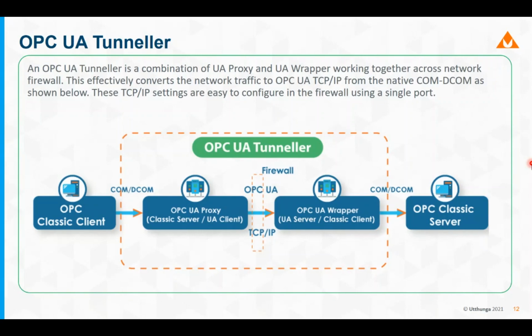A DMZ is a similar concept in the network security world, where the IT guys differentiate two networks by adding two firewalls at their ends. Imagine there is an OD domain, the office domain, which is connected to the internet, where everybody can access the internet.